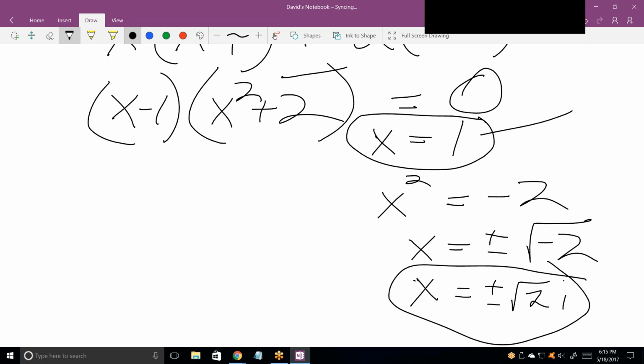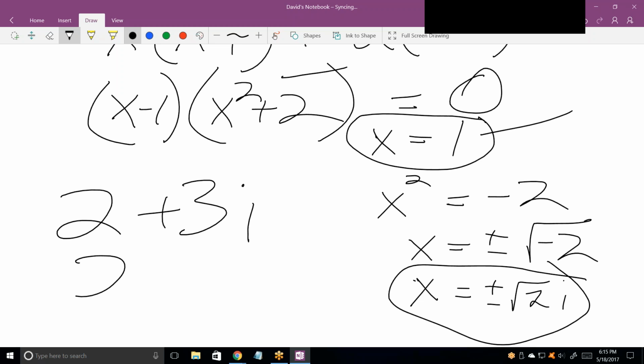And it's worth noting that imaginary solutions always come in pairs. You never get a single imaginary solution. Never, ever. In other words, you might have an imaginary solution that's 2 plus 3i. If so, you always have the solution 2 minus 3i.